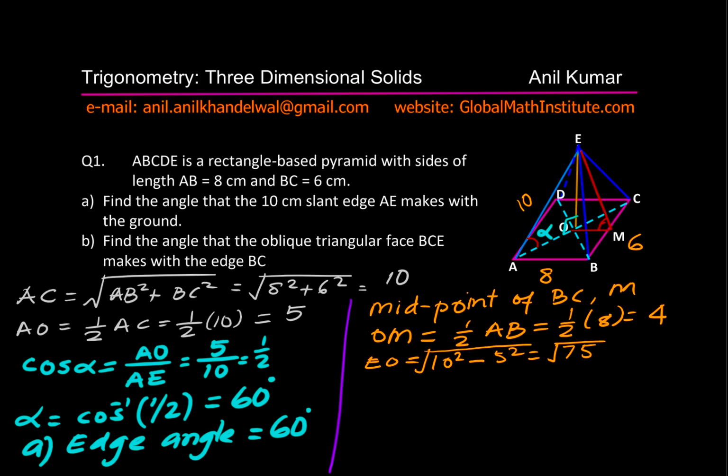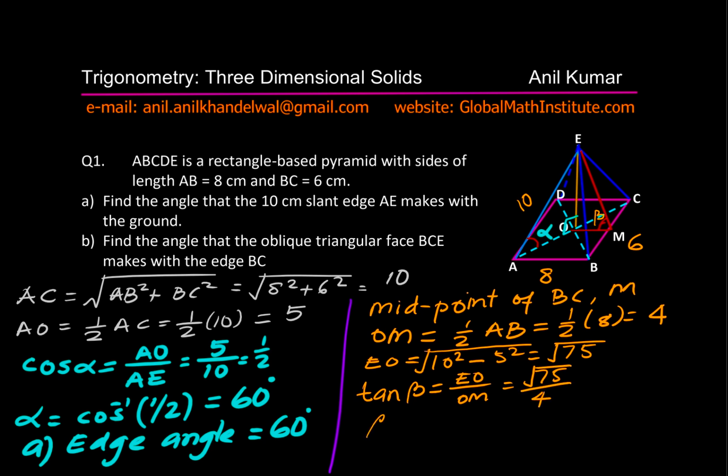Now, since we know EO, the height of the pyramid, and the base length MO, we can find the angle using tan ratio, correct? So we can call this angle beta. So we'll say tan beta is equal to EO over OM, which is square root of 75 over 4.